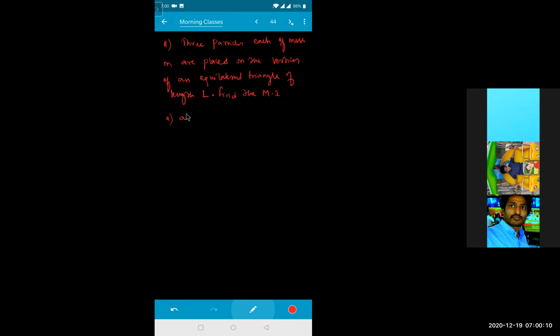Find the moment of inertia about an axis passing through: number one, one particle and perpendicular to the plane.